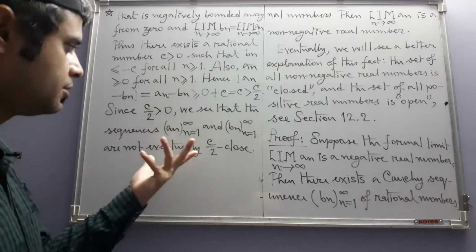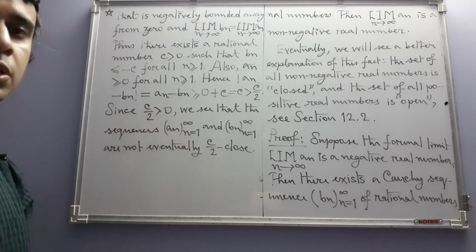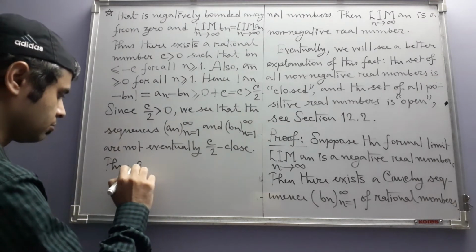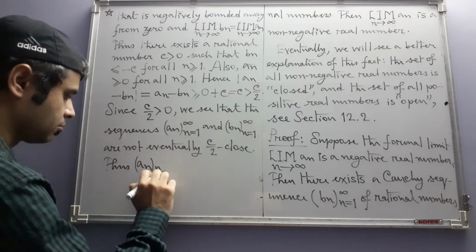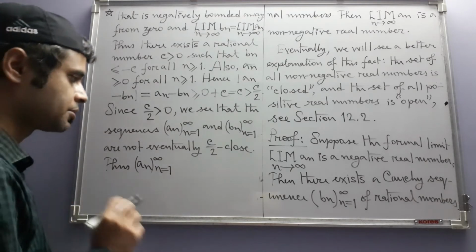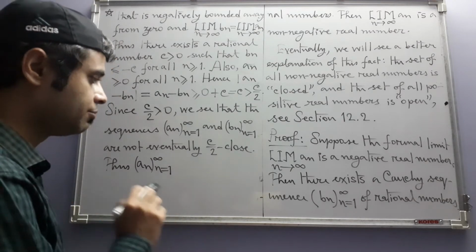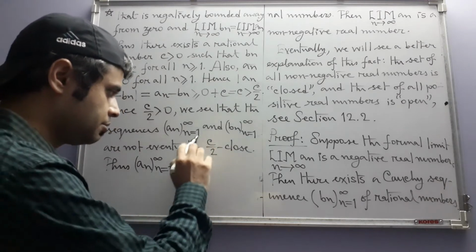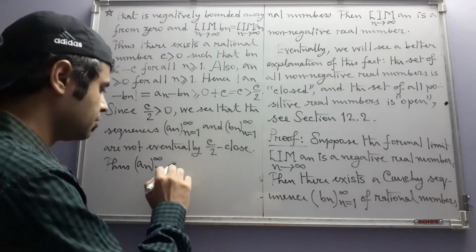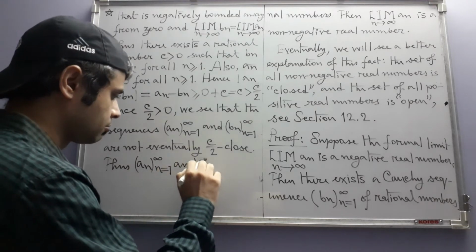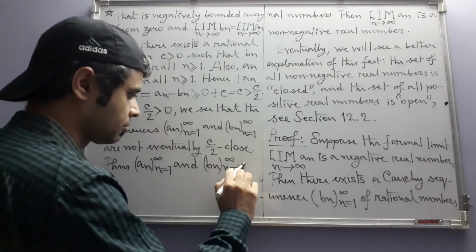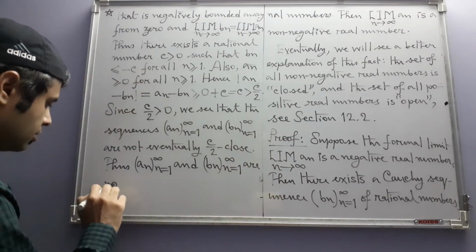But then this just says that they cannot be equivalent. Thus, for them to be equivalent, they should be eventually epsilon close for every positive rational epsilon. But this particular value of epsilon has created a problem, so they are not equivalent.